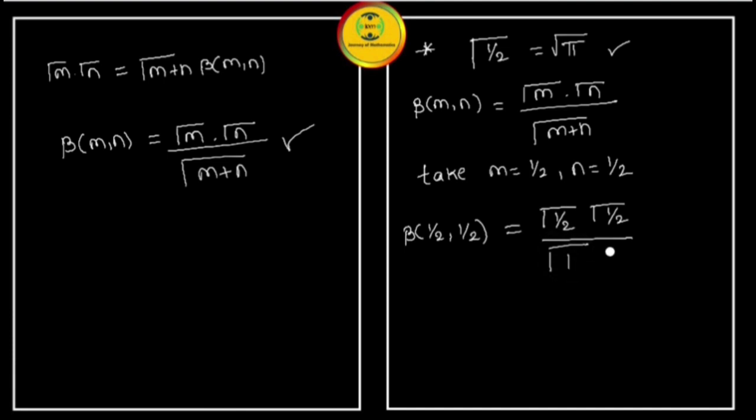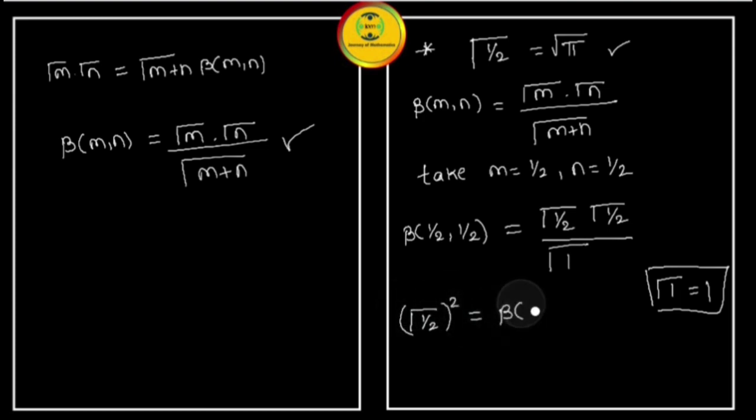Since as per the standard value of the gamma function, gamma of 1 is equal to 1. So I can write gamma of 1 by 2 whole square must be equal to beta of 1 by 2 comma 1 by 2. Now I have to find the value of beta of 1 by 2 comma 1 by 2.